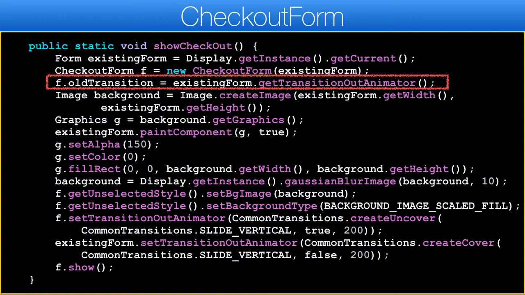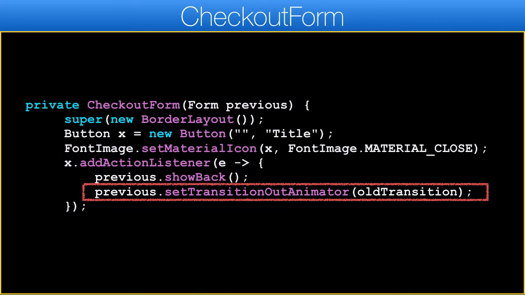The reason for this is that we'd like to restore the old transition when we go out, so cover won't be used for all future navigation. This is restored here when we press the X button. That's handled in the constructor of the checkout form.